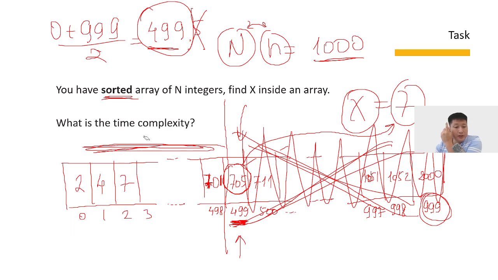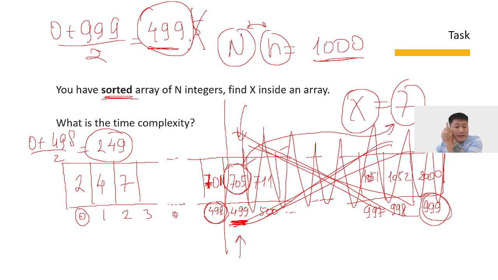So what will we do now? Take 0 and the last index where we're searching, which is 498 now. 0 plus 498 divided by 2 is 249, so we take index 249. Let's assume it has the number 305.